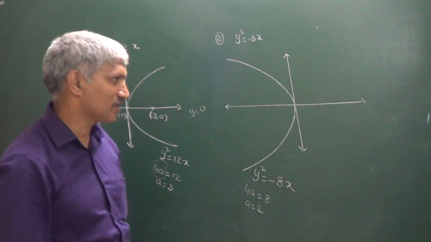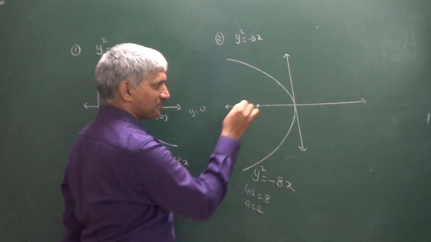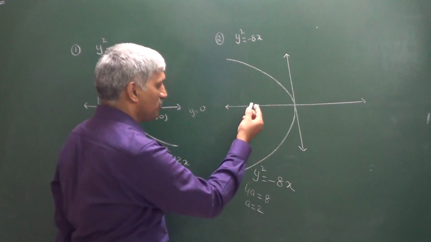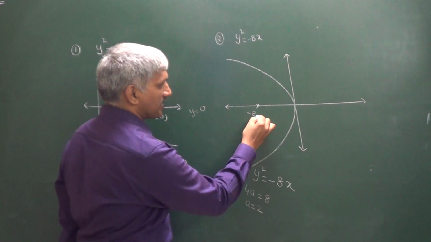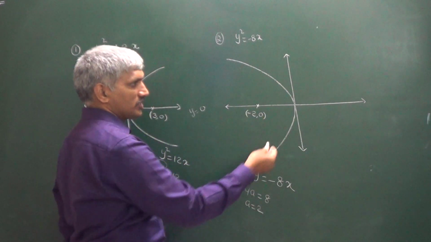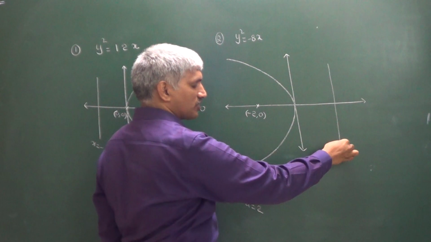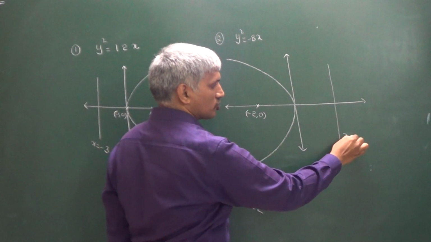Now tell me, what is the focus? The focus will be here, that is minus a comma 0. That's why the focus is minus 2 comma 0. On this side the directrix will come. What is the equation of the directrix? x is equal to a.